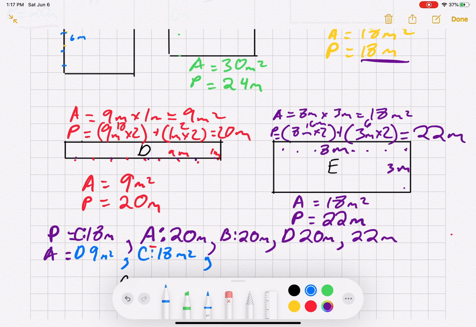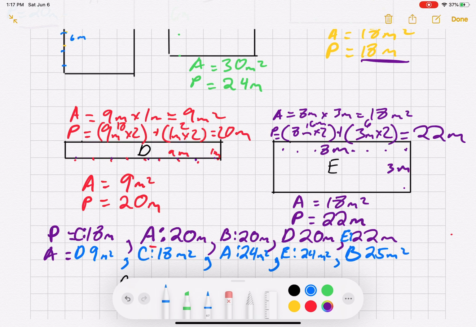And then I have A, which is 24 meters squared. And then I have to do E, which is 24 meters squared. Then I have B, which is 25 meters squared.